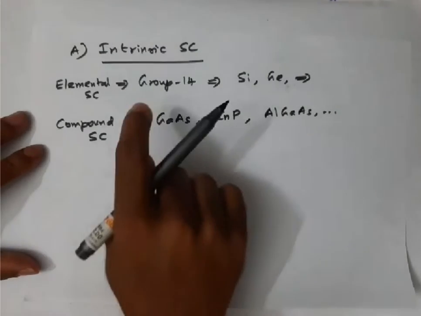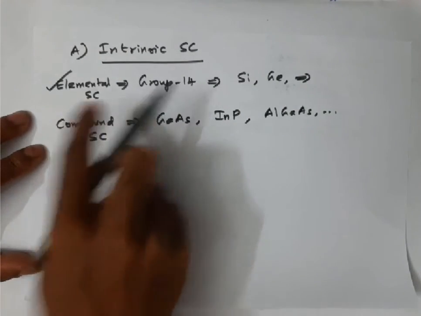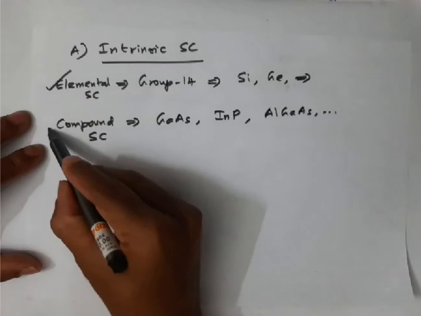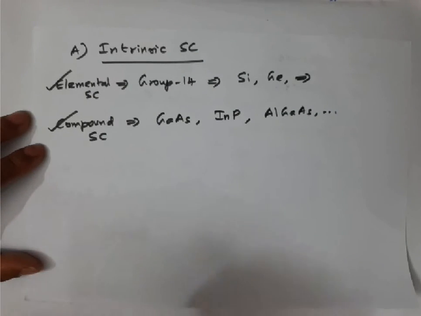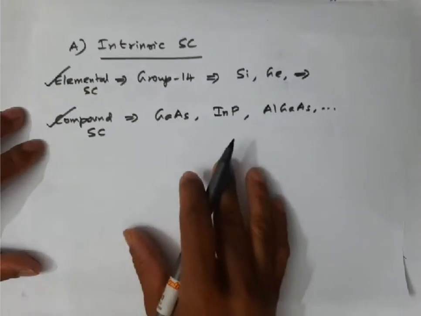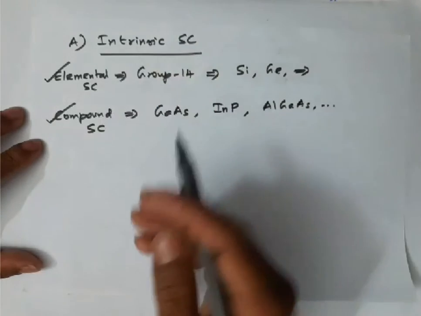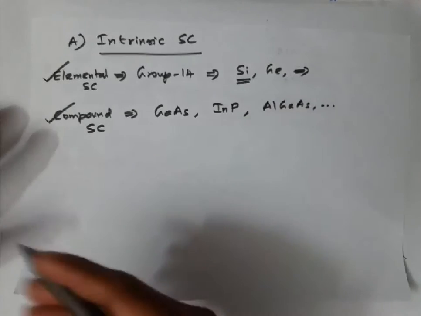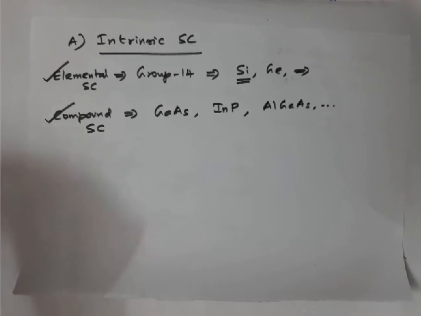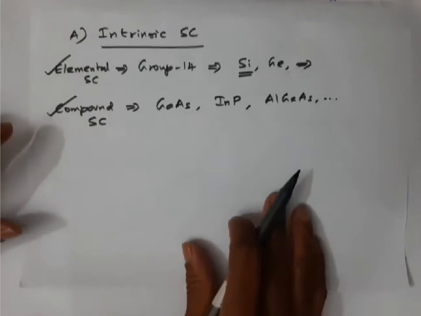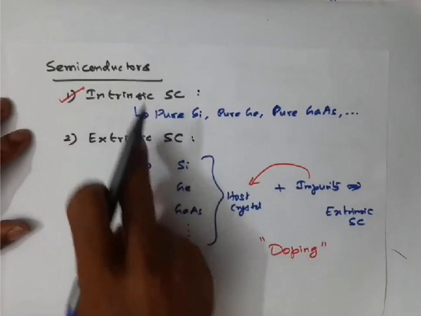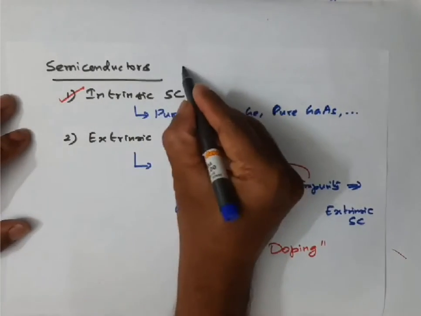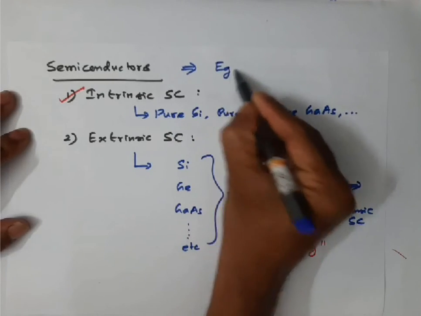So remember, in intrinsic you can choose elemental semiconductor as intrinsic. You can also choose compound semiconductor as intrinsic semiconductor. Now I'll explain how intrinsic semiconductor conducts current. I'll take silicon as example. I have told you, whether it is intrinsic or extrinsic, for semiconductor this is the main thing you should keep in mind.